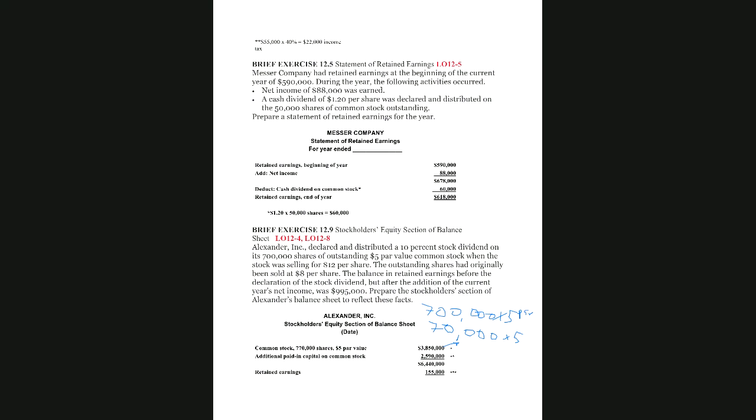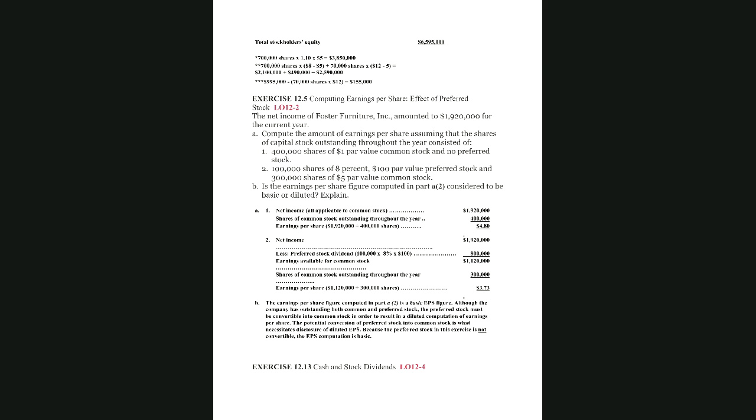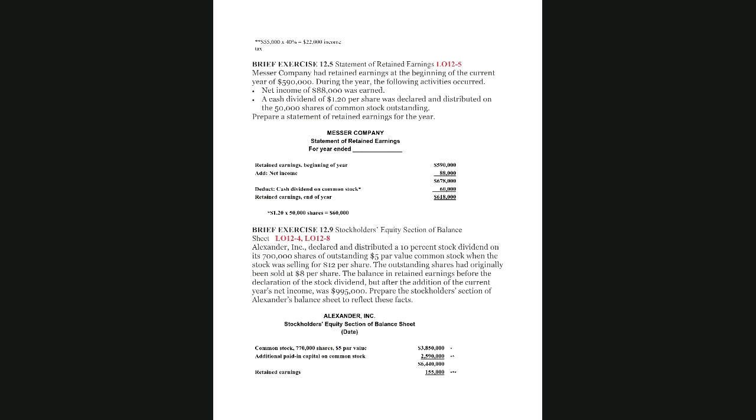Okay, $1 million question. If I told you this was a large stock dividend, what would be, so we started out with, in the additional paid-in capital account, we started out with a balance of 700,000 shares times what?